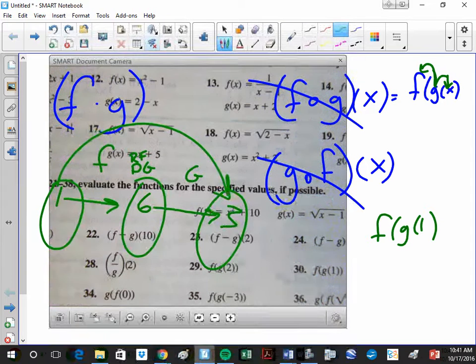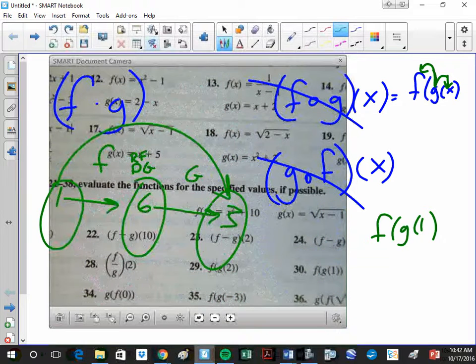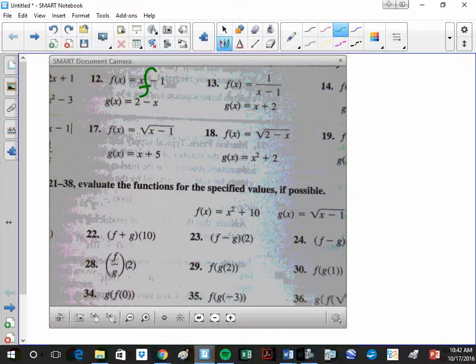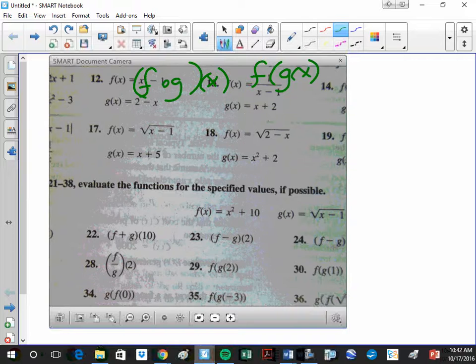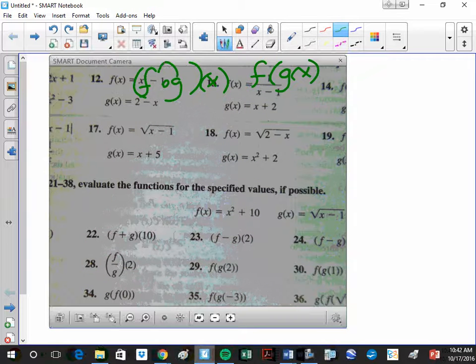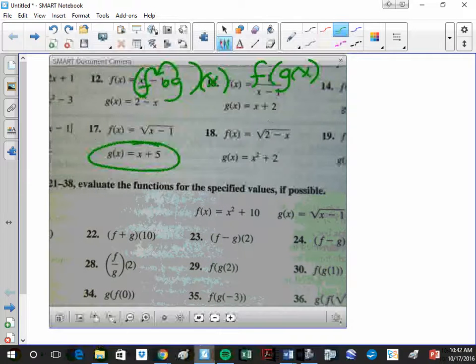Okay, hopefully this is a little bit of a review. I'll show you how it works. So number 17, f of g. f of g really just means g stuck inside of x. So it's a little bit backwards. You take g and plug it into x. So I take this, and I stick x plus 5 everywhere I see an x. In this case, there's just one of them.